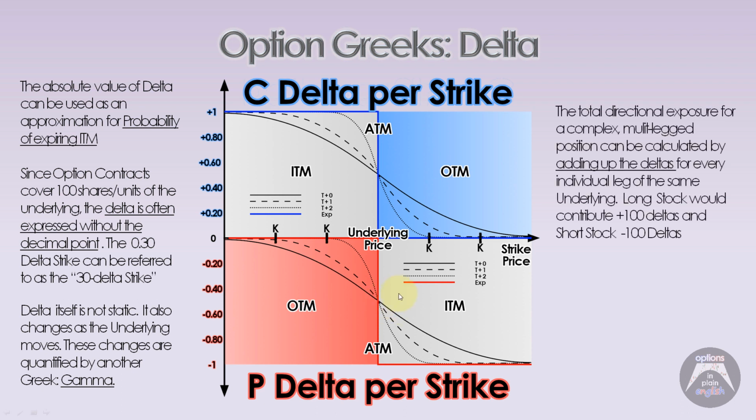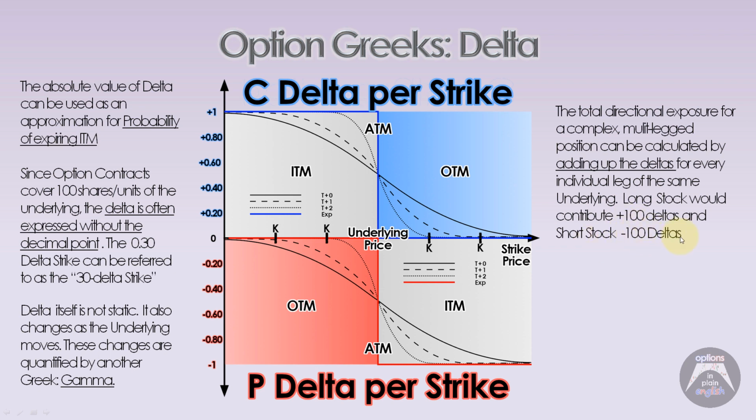Another important thing, the total directional exposure for a complex multi-legged position can be calculated by adding up the deltas for every individual leg of the same underlying. Long stock would contribute 100 deltas and short stock minus 100 deltas.